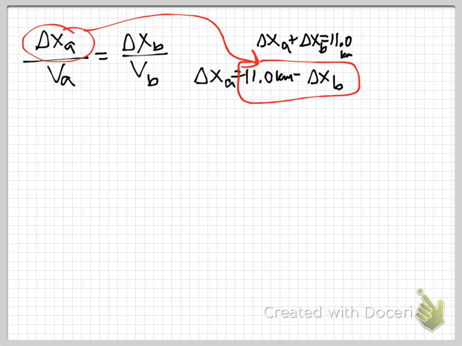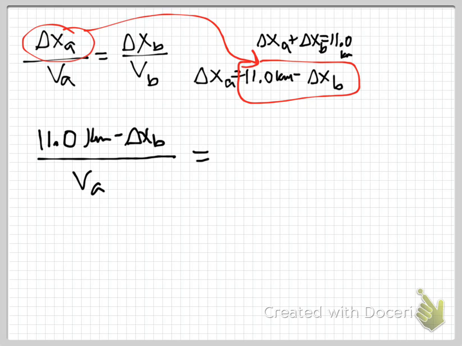Okay. So now we've got 11 km minus delta x B over v A equals delta x B over v B. At this point, we have only one variable that we need to solve for.